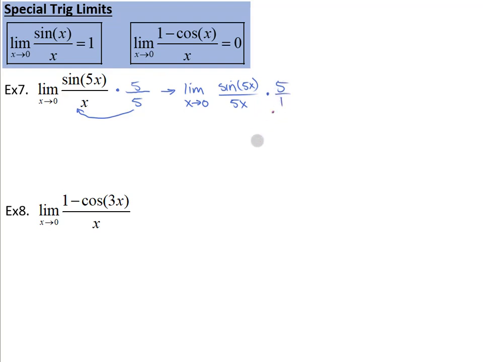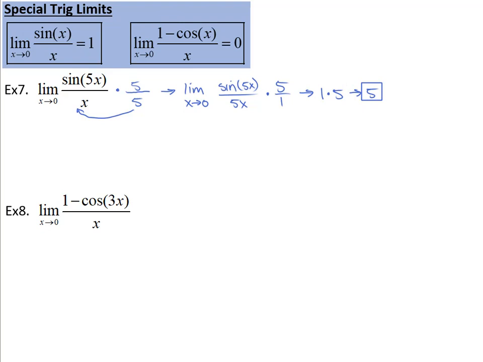So essentially, we get this limit equals 1, right? Because the argument is matching the denominator. And so this part of our limit equals 1 for sine, and we're multiplying it by 5. So we essentially get 1 times 5, or 5. The limit there is 5.